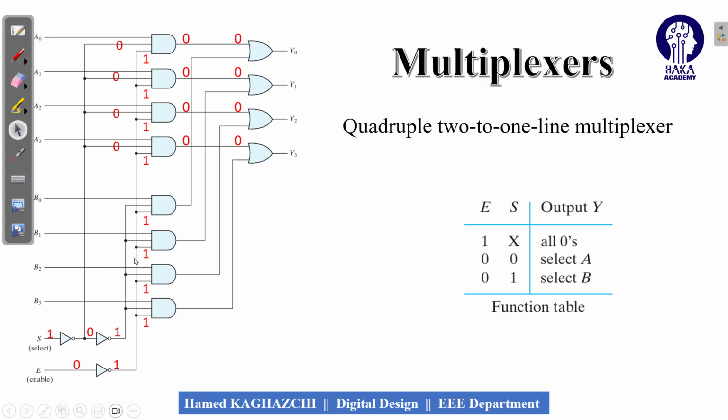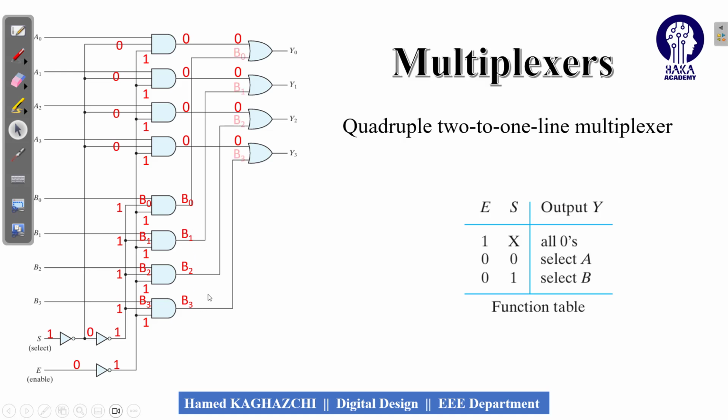Now, let's determine the states of these 4 AND gates. Here again, because here is equal to 1, all of these inputs will be equal to 1. It means that we have to wait until B0, B1, B2, and B3 come. Again, if you look at this AND gate and all of these 4 AND gates, you can find that the output will be equal to B0 up to B3.